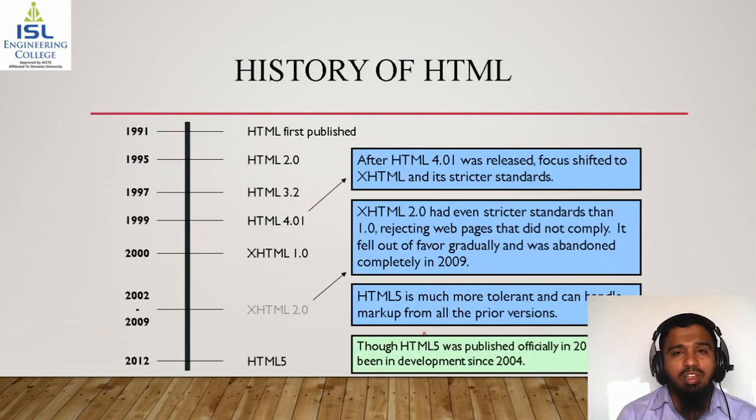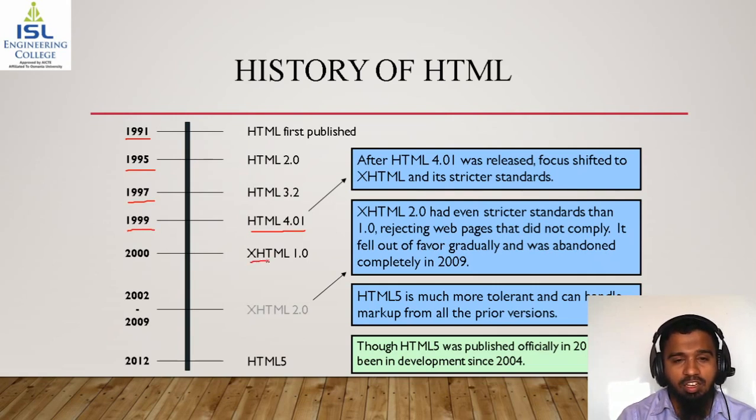Next, this is the history of HTML. How and when did it start? It started in 1991. Then the version changed to 2.0 in 1995, HTML 3.2 started in 1997, and HTML 4.01 started in 1999.